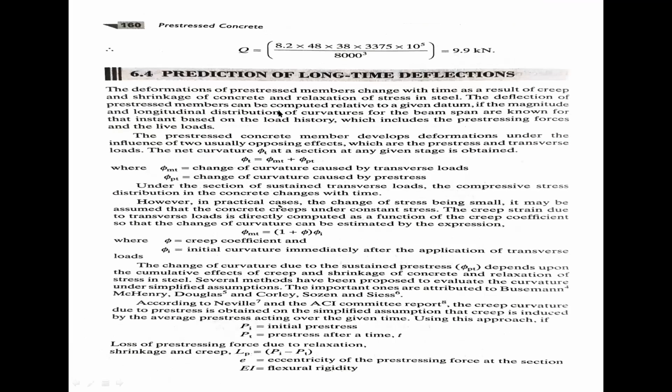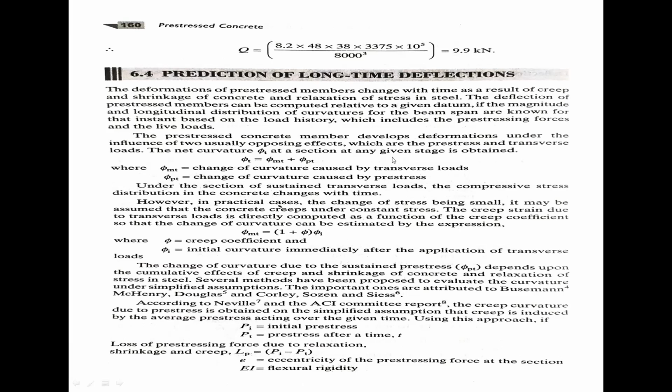Now Q we have to calculate, that is the concentrated load, point load: 8.2 into 48 into 38 into 3,375 into 10 to the power of 5, divided by length cube. I have taken 8 meters, which converts to 8,000 mm cube. Finally got the concentrated load, live load, 9.9 kilonewtons.